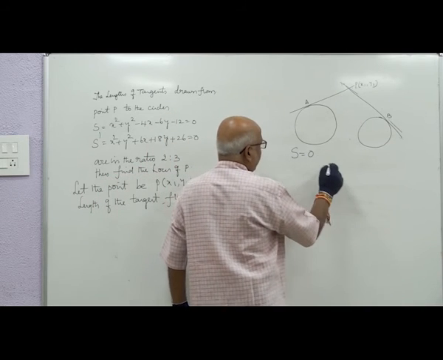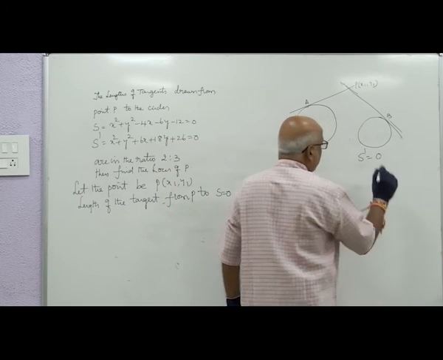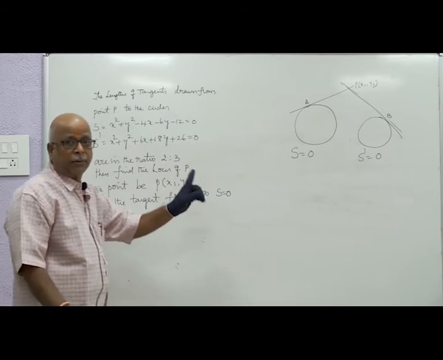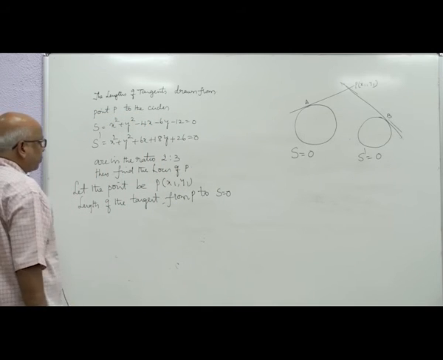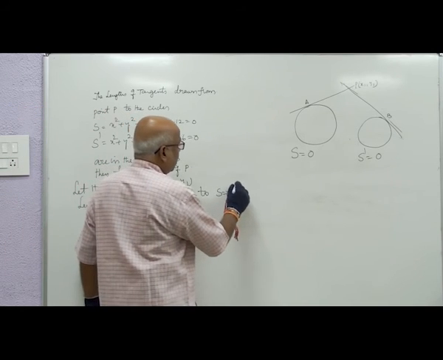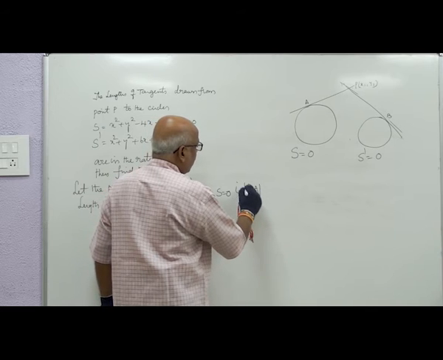First circle I will name it as S equal to 0. Second one I will name it as S dash equal to 0. So that is PA. What is the formula?